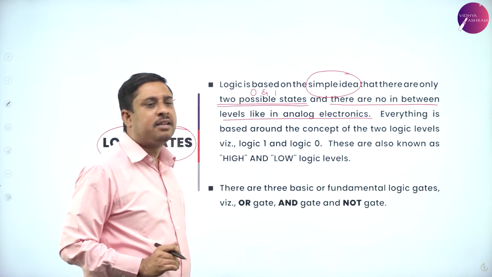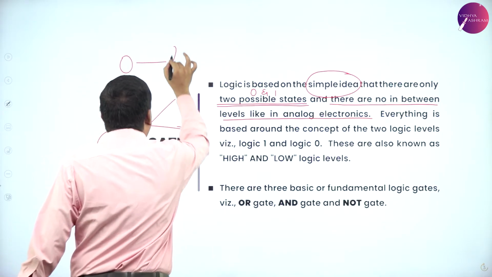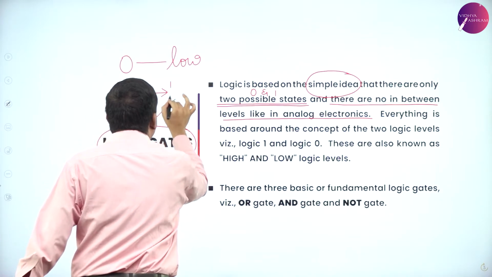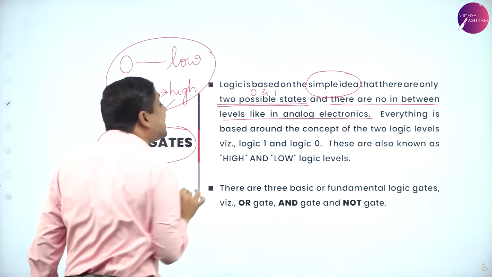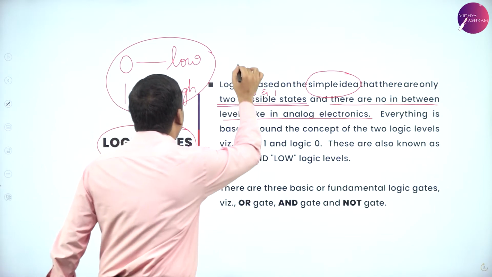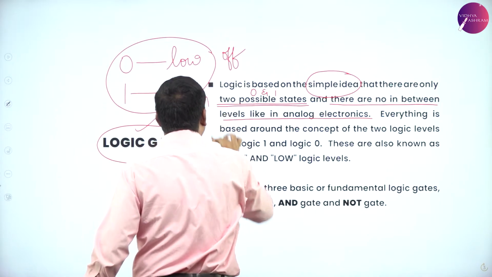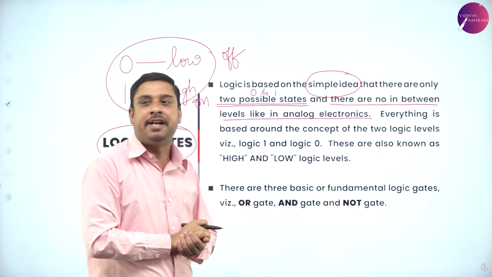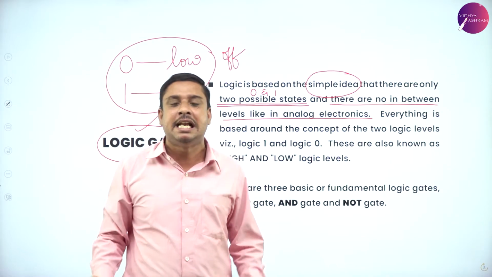Please understand here, 0 is called the low state and 1 is called the high state. Or 0 is called the off state and 1 is called the on state. Very important representation in digital electronics.